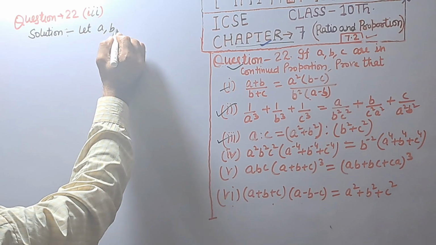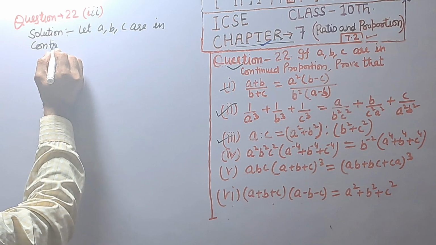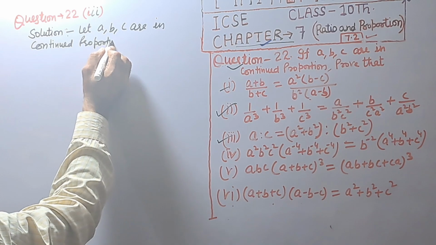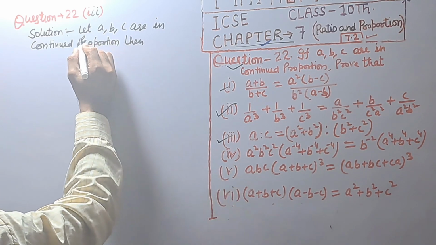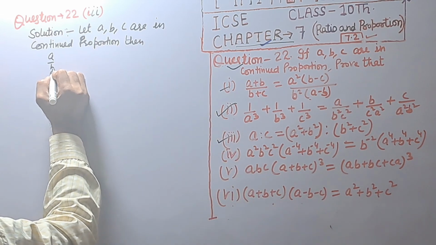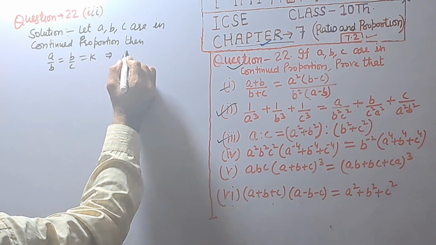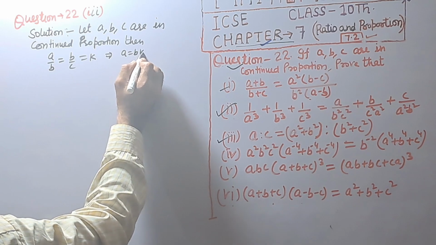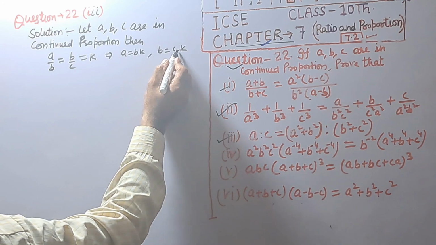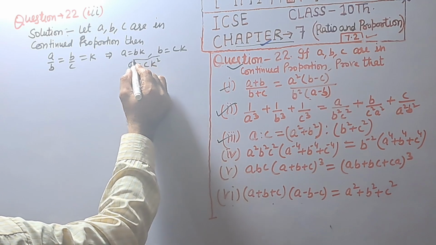Let a, b, c are in continuous proportion, then a upon b is equal to b upon c equal to k, which implies a is equal to bk, b is equal to ck, put here, then a is equal to ck raised to power 2.